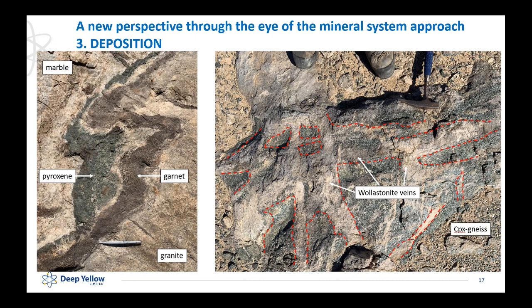So on the right-hand side, this is original clinopyroxene gneiss, and it is just shot to pieces with wollastonite veins. It's not just a vein set, it's more like a stockwork.